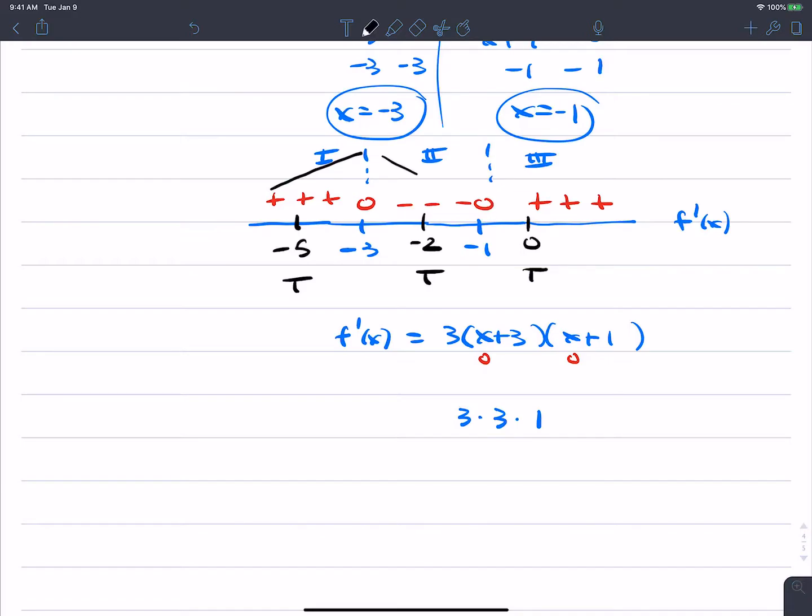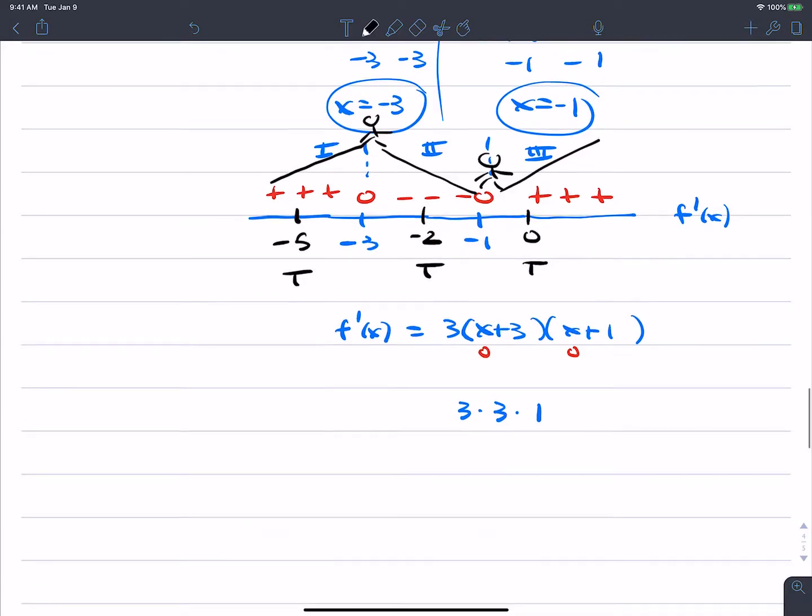And then we've got decreasing here, and then increasing. So this is where I say to you guys, a picture is worth 1,000 words. What do I mean by that? If you're standing here, where are you at? A relative max. If you're standing here, where are you at? A relative min.